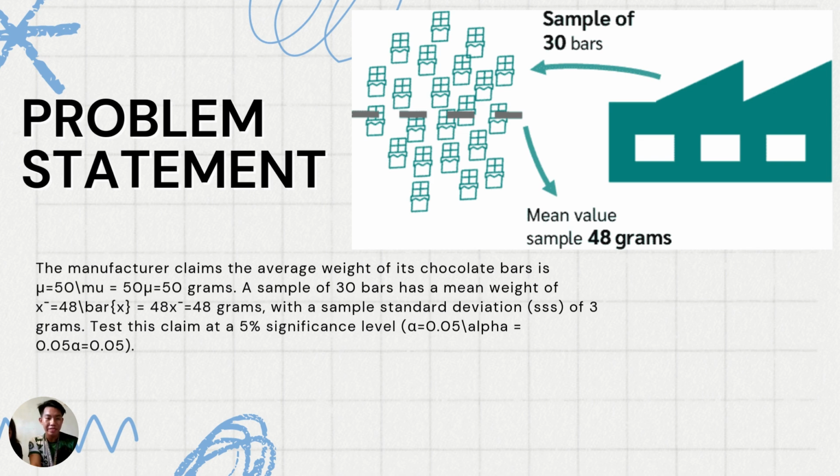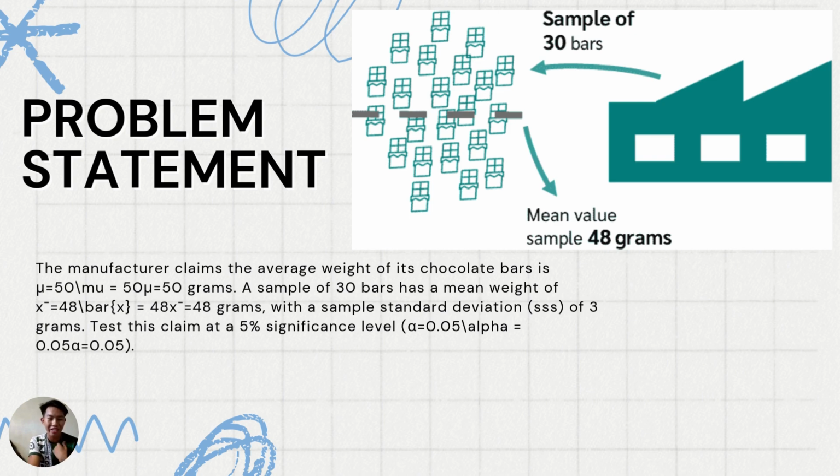The problem statement. The manufacturer claims the average weight of each chocolate bar is 50 grams. The hypothesis is mu equal 50 grams.